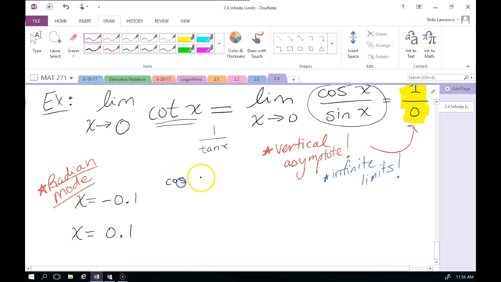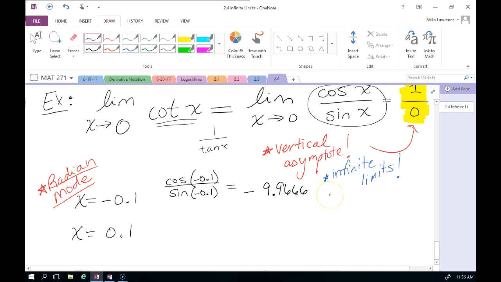So I'm going to ask my calculator what cosine of negative 0.1 divided by sine of negative 0.1 is. And I'm mostly interested in whether this is going to come out positive or negative. And I got negative 9.9666, about negative 10.